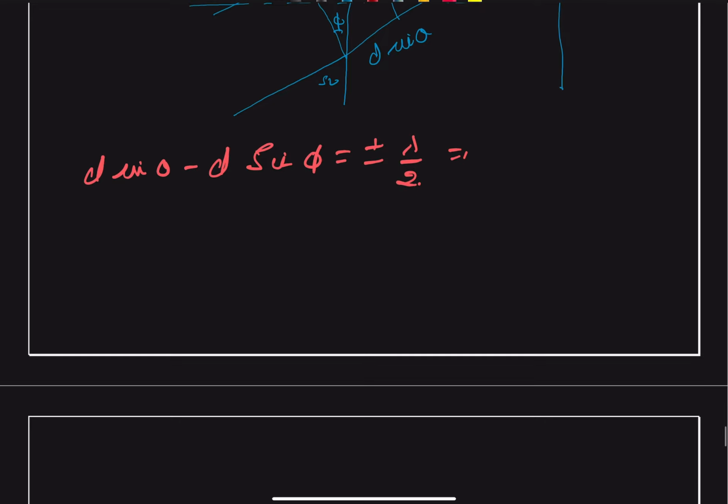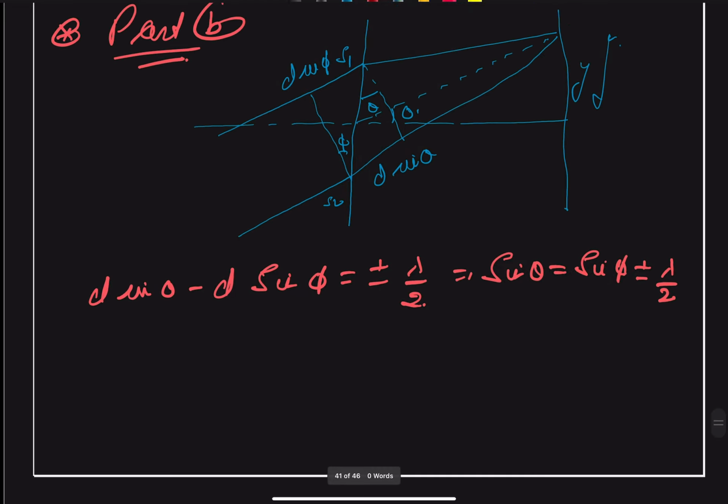So we can say that d is given to us 1. So therefore we can write this as sine of theta will be equal to sine of phi plus minus lambda by 2. And phi is given to us at 30 degree.